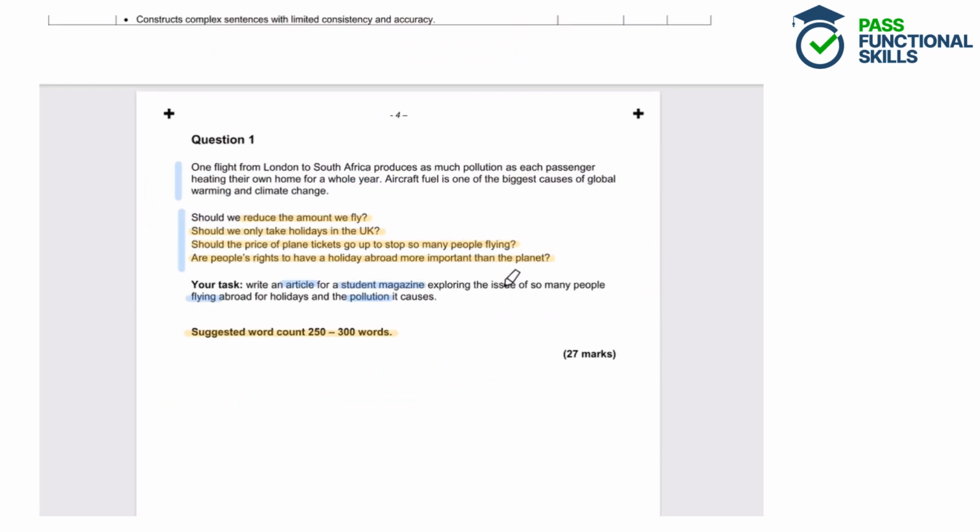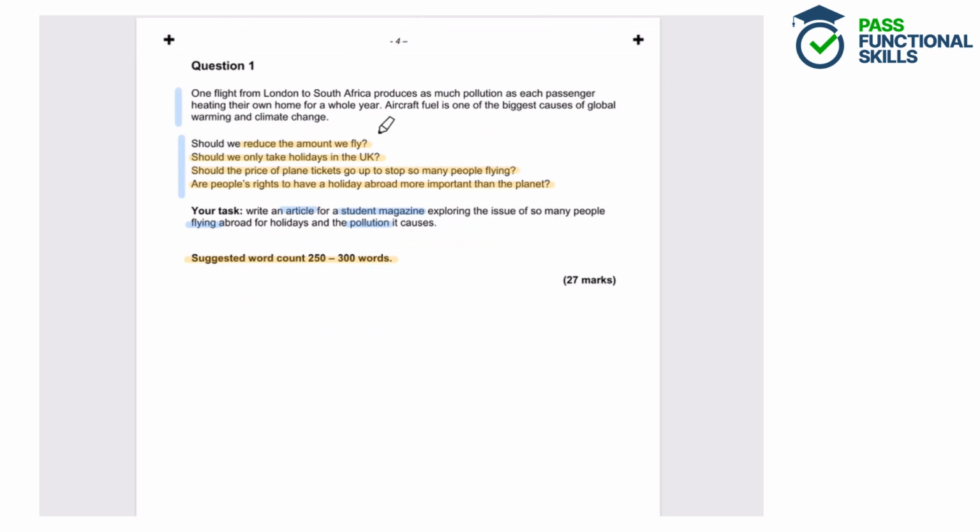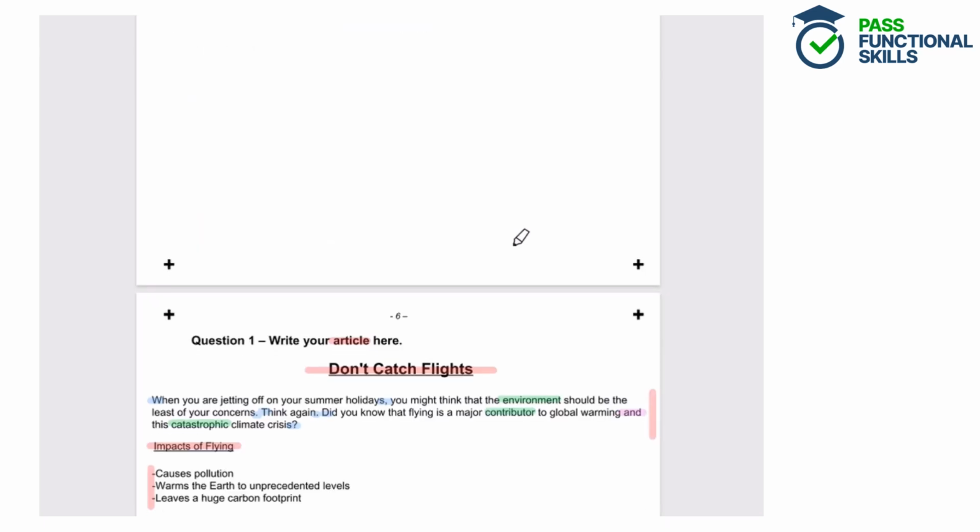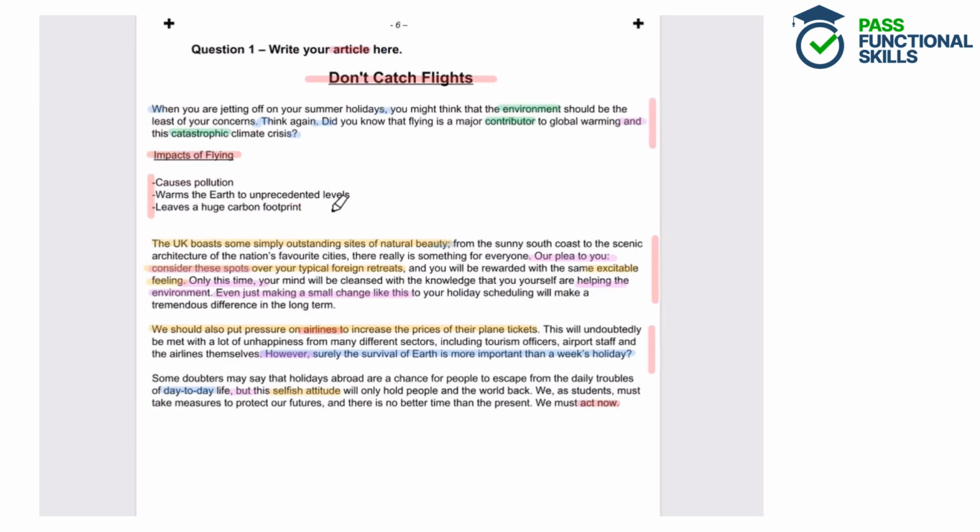So if we refer back to the question, always make sure that you are going back to the question with every paragraph that you write to make sure that you're focusing your answer. We are focusing on flying, we are focusing on climate change and global warming, and the answer is reflecting this.